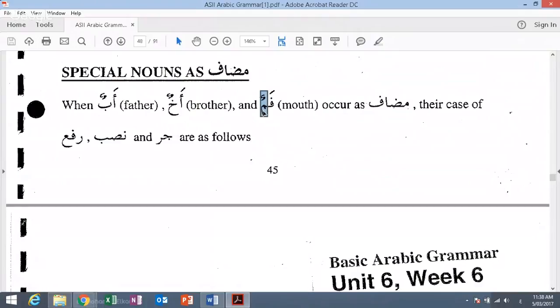Famu, mouth of Zaid, whatever. So no, this is a different thing. What would happen here? We take the meme off.